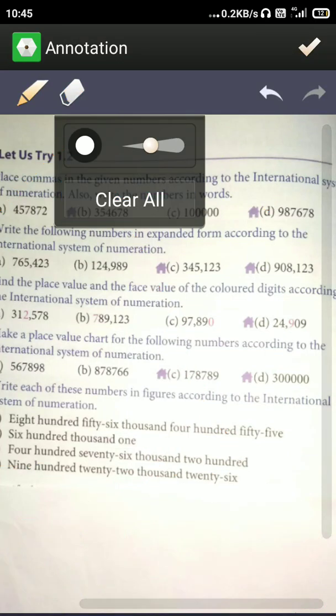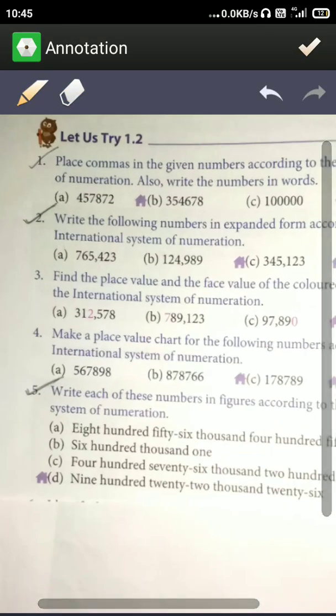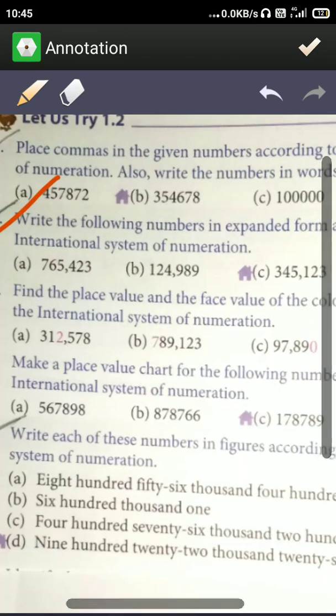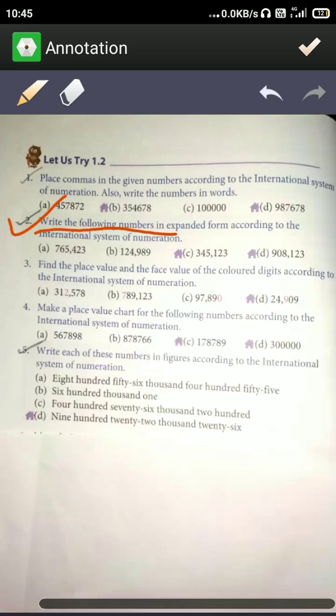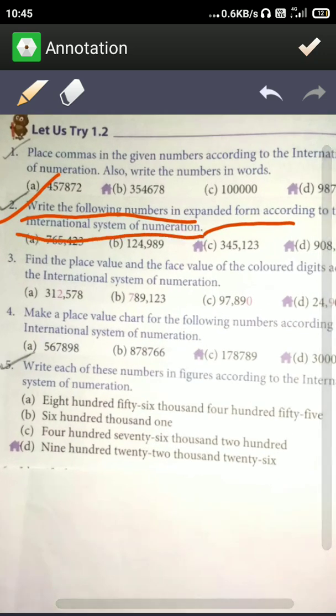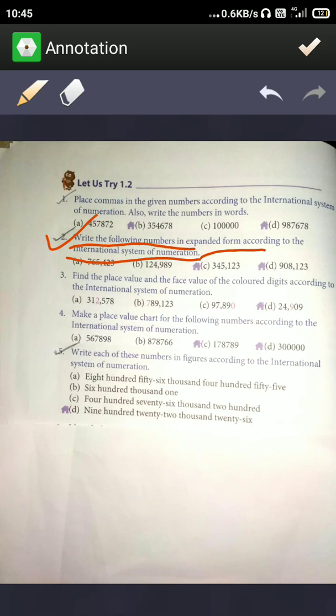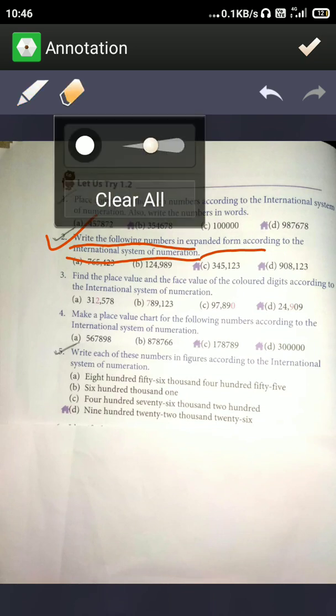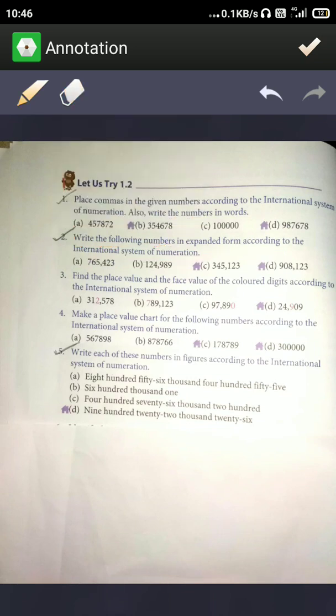Then we'll solve the second question. The second is saying: write the following numbers in expanded form according to the International System of Numeration. Okay, so how will we do that? To write in expanded form, you have to add the place value of all the digits.